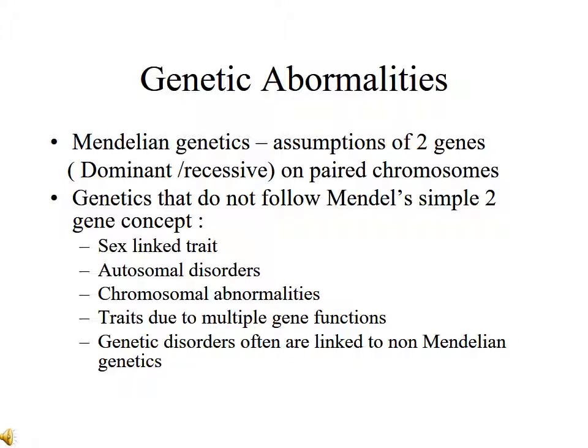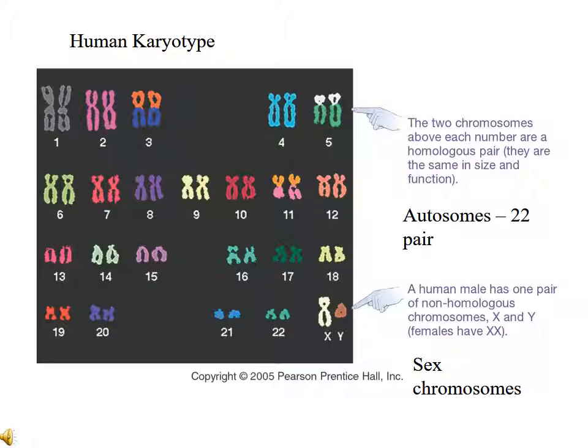Now, the genetics that we will be looking at today do not follow necessarily Mendel's simple two-gene concept. The genetic abnormalities we will look at today will be sex-linked traits, autosomal disorders, chromosome abnormalities per se, traits due to multiple gene functions.